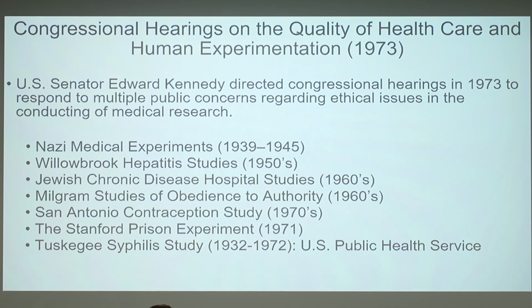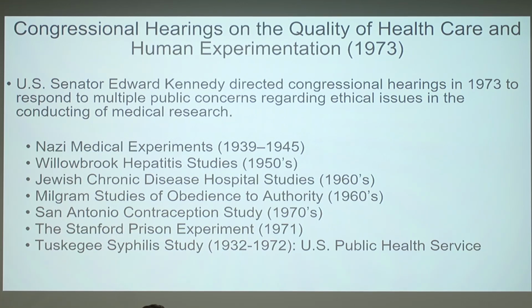And here are some examples of cases that caused the US Senate to require congressional hearings to figure out, why is this still happening? What's going on? How are we going to change this? And this was the starting talks to set up what we now know as the Institutional Review Board.